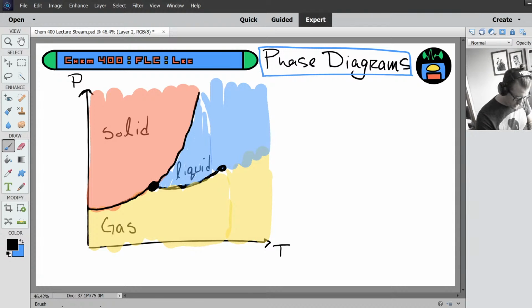That point's important. This point is important. And we'll talk all about it. Okay, so all phase diagrams more or less look the same, and the regions, solid, liquid, and gas, all fall in the same general regions in each phase diagram.